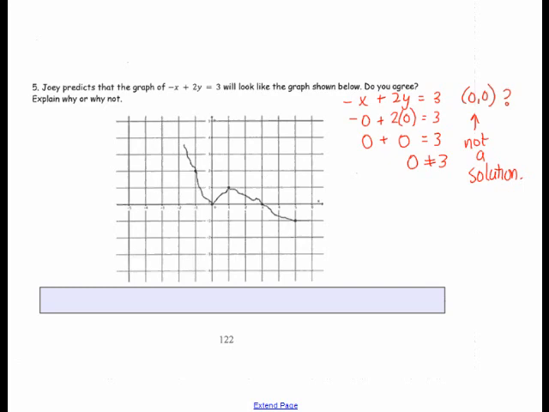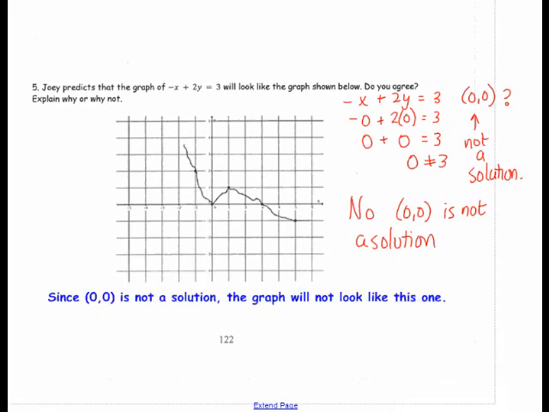Is this the graph of the equation? No. How do you know? (0, 0) is not a solution. Since (0, 0) is not a solution, the graph will not look like this one.